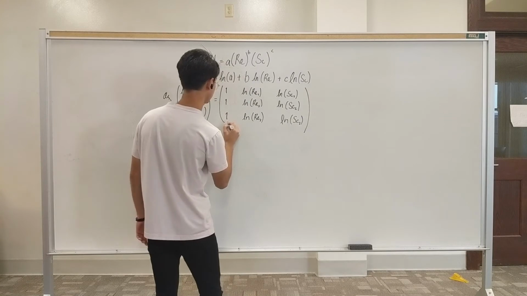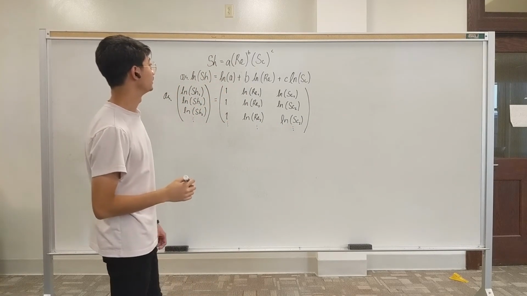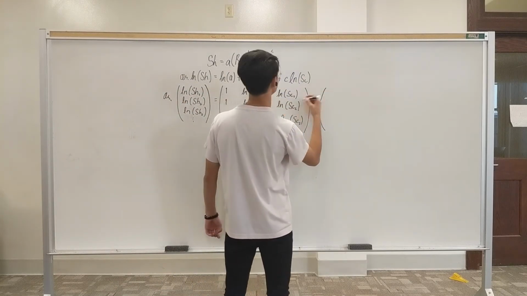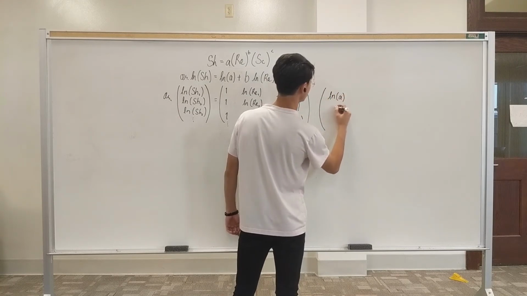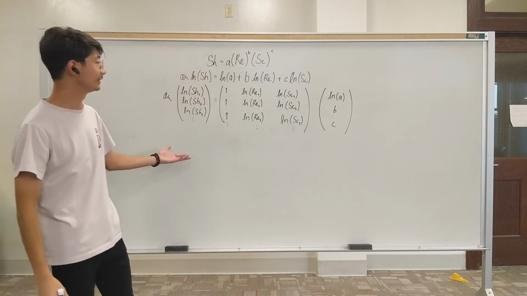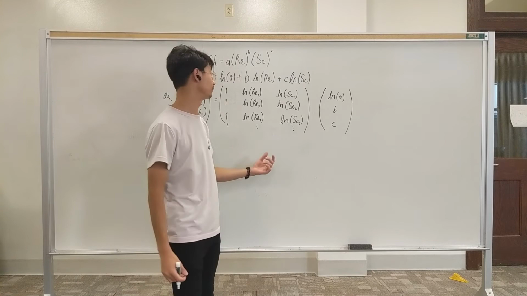And this keeps going on until 100 values have been down. And then finally, we have natural log of A, then B, and then C. Now, if you look at the right-hand side of the equations, it might look a little bit weird.